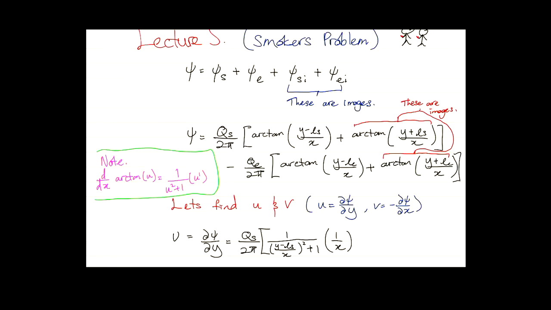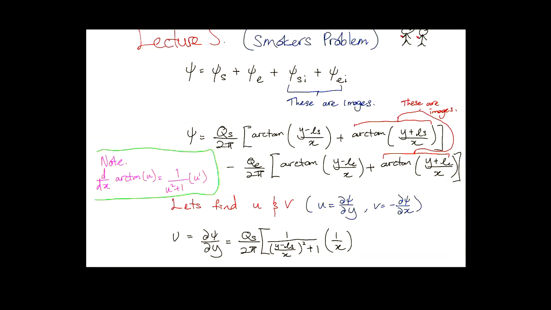When I differentiate arctangent of this, this is my u, therefore I get u squared here, and u prime, because I'm differentiating with respect to y, I just get 1 over x. Clear? Good.